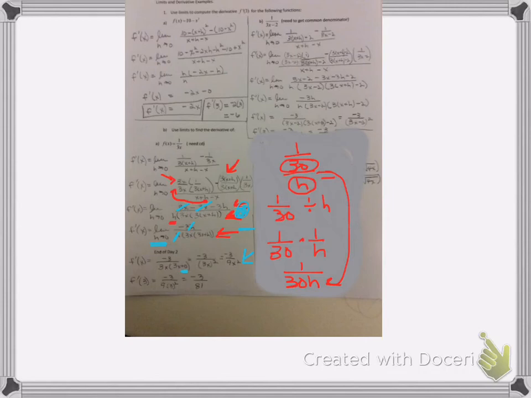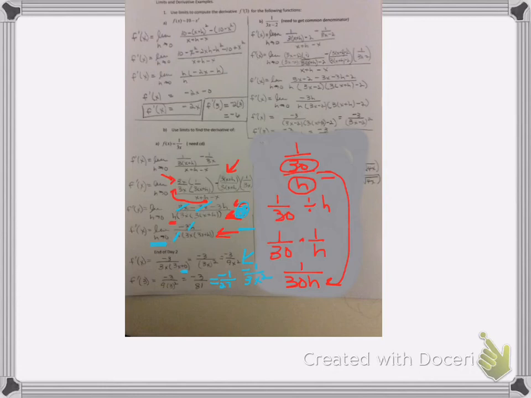Now, could I reduce that? Of course. I could have reduced that to negative 1 over 3x squared, if I divide 3 into both. Once I have my generic slope, which is the f prime of x, to get f prime of 3, just plug your 3 in for your x, and I get negative 3 over 81, which will also reduce to negative 1 over 27.